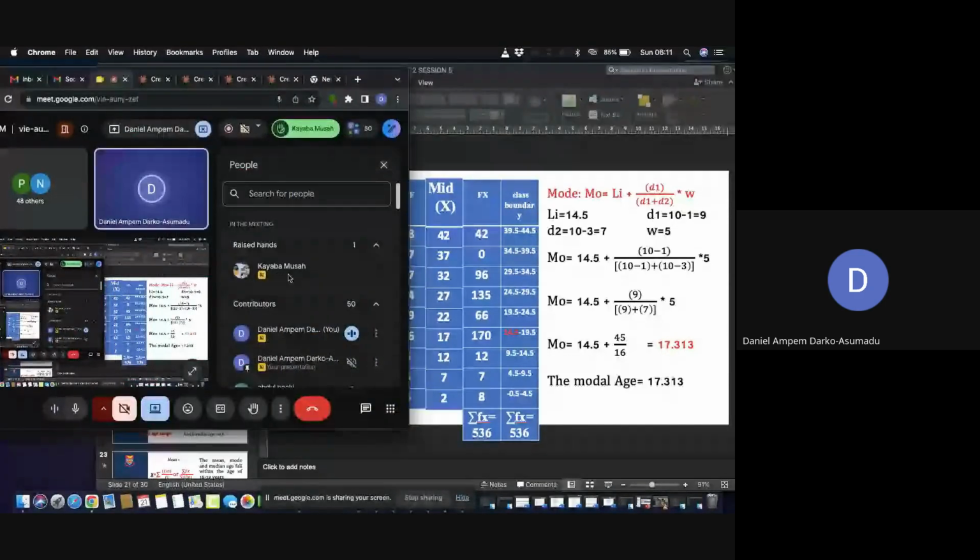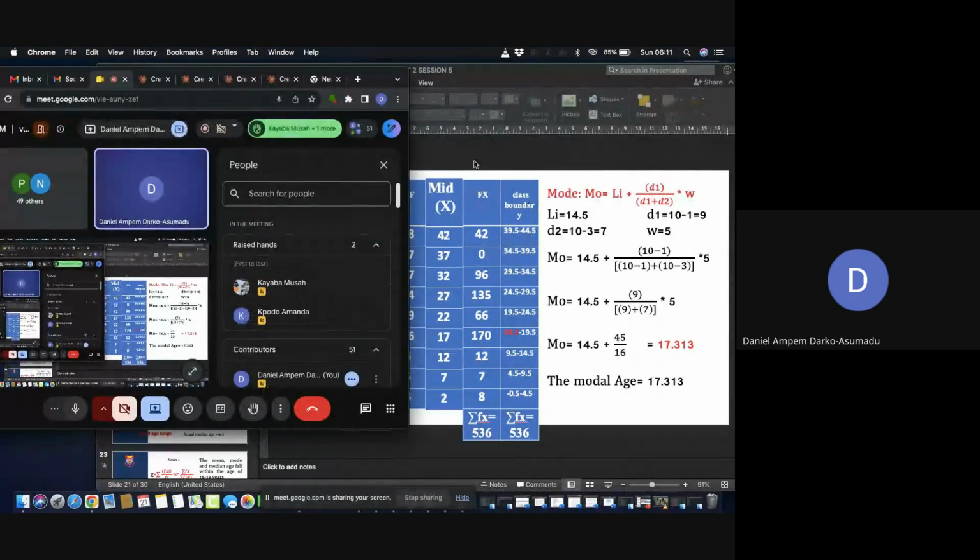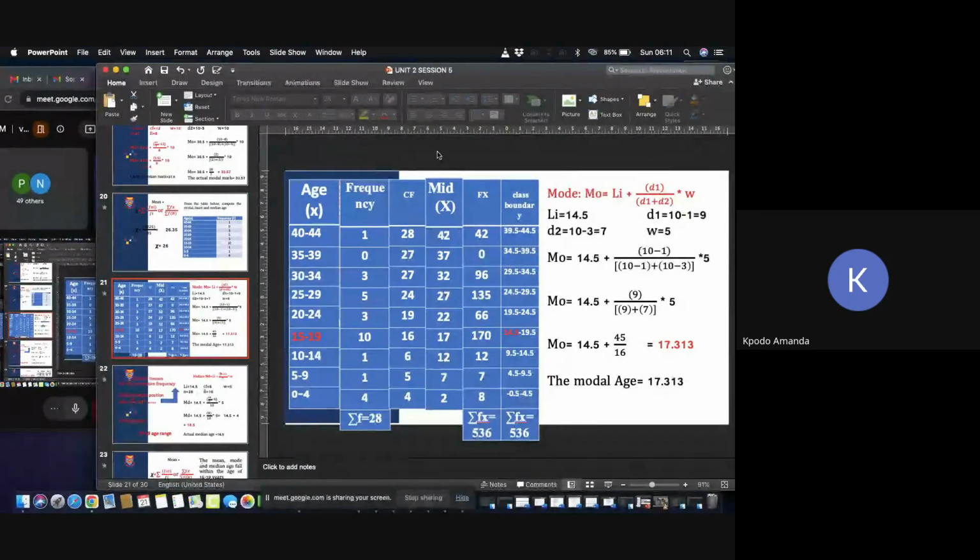Musa, your hand is up. Sir, the 17th position will fall within the 19.